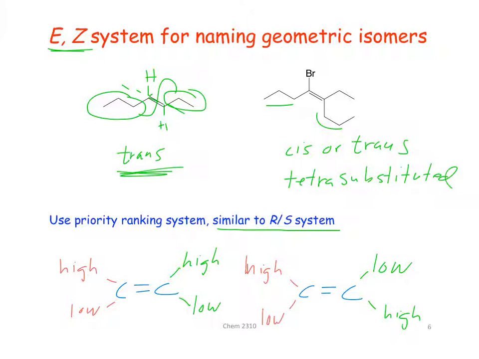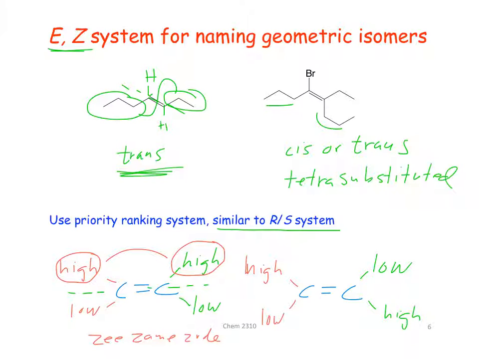So what we do in this case is we look, like we did before, along the axis of the double bond, and we look at the 2 high-ranked groups. High and high are on the same side, and because this technique comes from German, we could say they are on the same side.